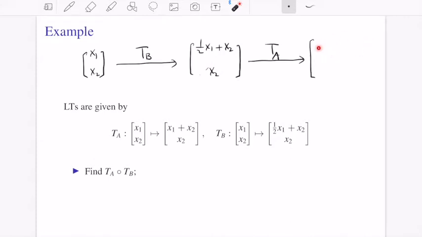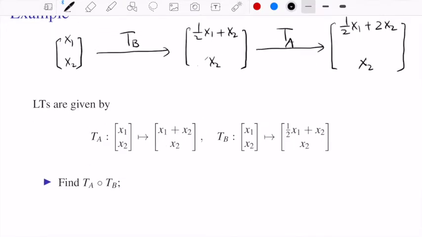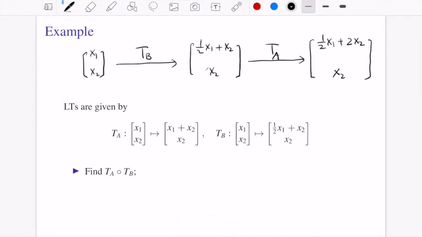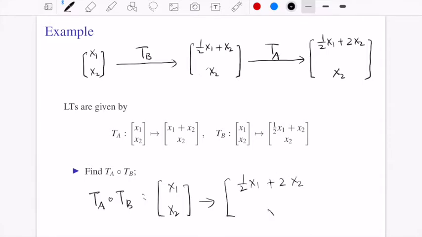Then the first coordinate should be the sum of these two, which is 1/2 x1 plus 2x2. Now the second coordinate of TA just stays the same. So our definition of TA composite TB can be written as x1, x2 goes to 1/2 x1 plus 2x2, x2.